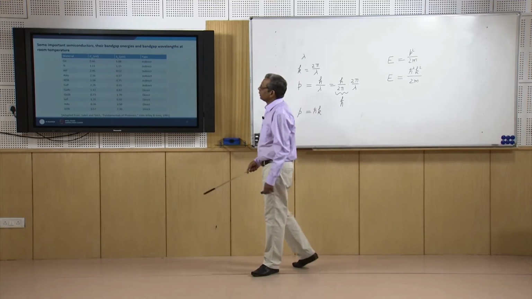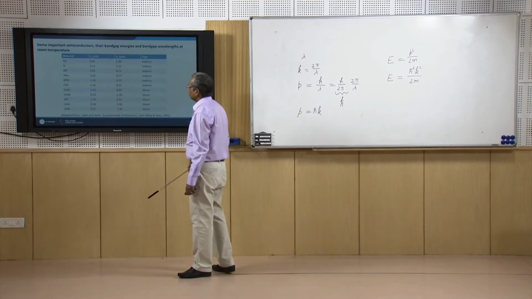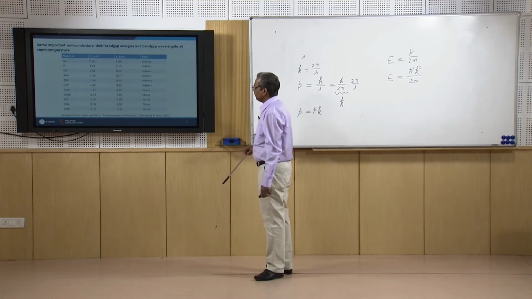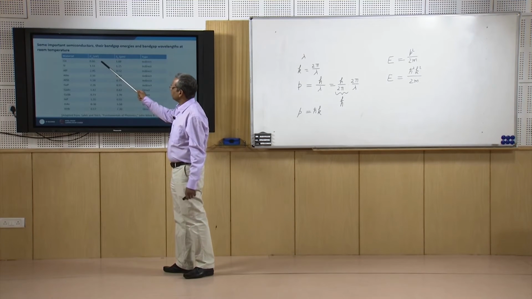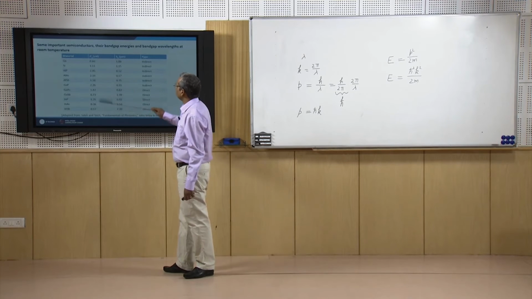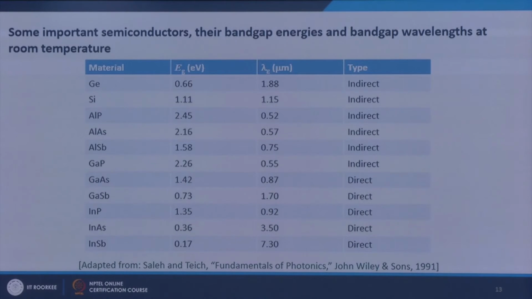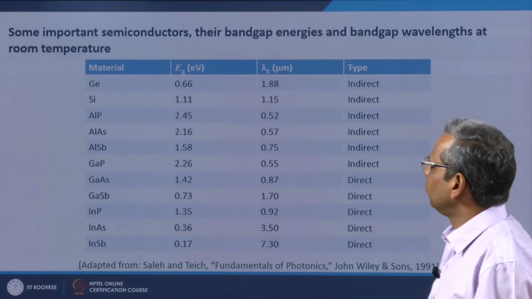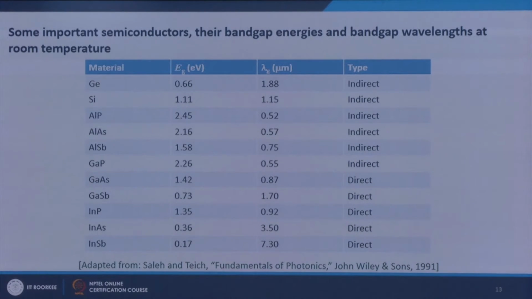These are some important semiconductors, their band gap energies and band gap wavelengths, and also the type of the semiconductor. So, you can see germanium has a band gap energy of about 6.6 electron volt, which corresponds to band gap wavelength of 1.88 micrometer, and it is an indirect semiconductor. Silicon has a band gap energy of 1.1 electron volt, corresponding band gap wavelength 1.15, it is also an indirect semiconductor.